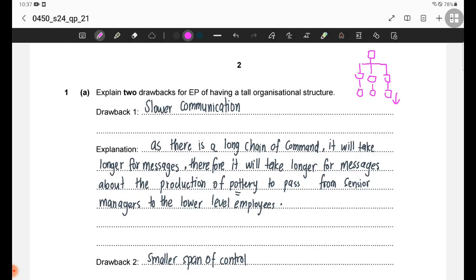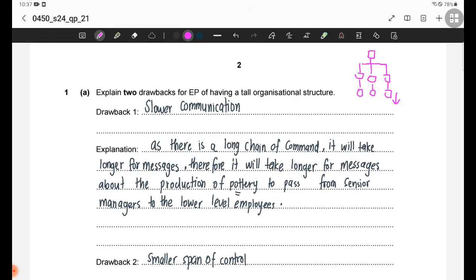So for you to organize this explanation, there's a long chain of command. Chain of command is the levels. It will take longer for messages, so therefore it will take longer for messages about the production of pottery. Now this is an application here, to pass from senior managers to the lower level employees.